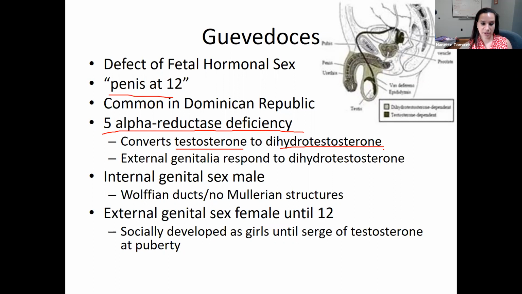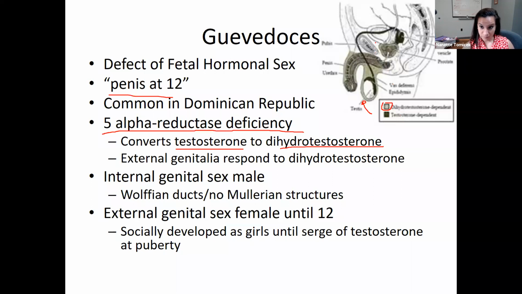It turns out that dihydrotestosterone is really what is chiefly responsible for creating the external structures like the penis, the scrotum, the prostate. The internal structures like the ductwork from the Wolffian ducts and the testes are a lot more responsive to testosterone.